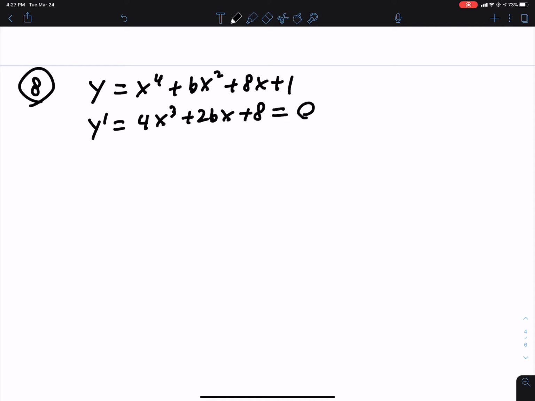Next, having a point of inflection, the second derivative would have to change signs. So let's find the second derivative: 12x squared plus 2b. And in order for the second derivative to change signs, it has to be 0 at the point where the sign changes. So we have to set this equal to 0 also. Now I will factor a 2 out.